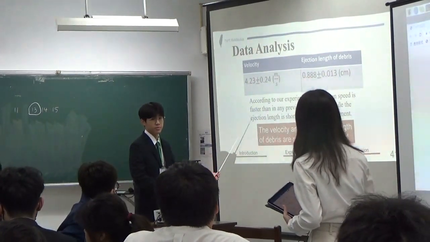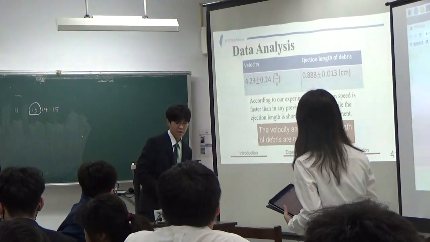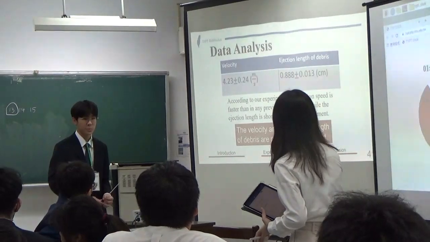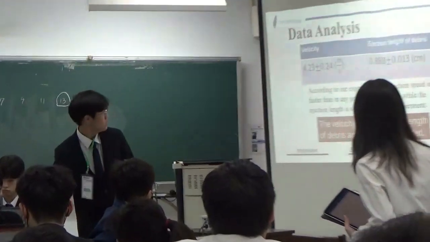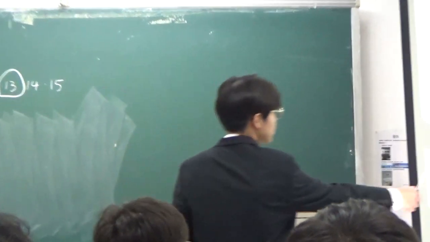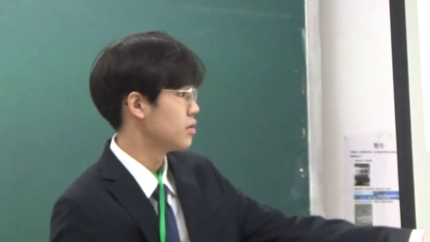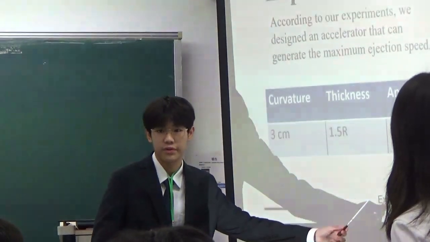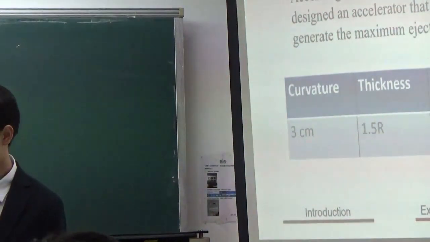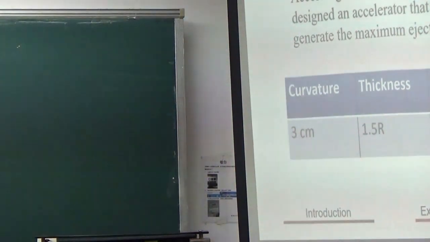According to our experiment, we designed this to have a higher ejection speed, with curvature 13 and 1.5 R and 75 degrees. Okay, 3 minutes for the opponent to defend.